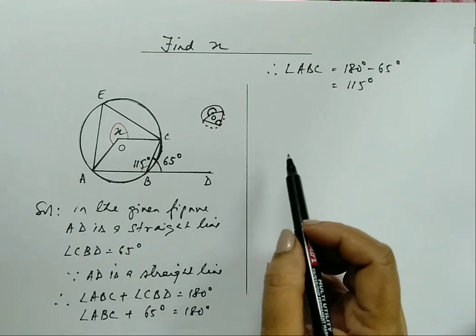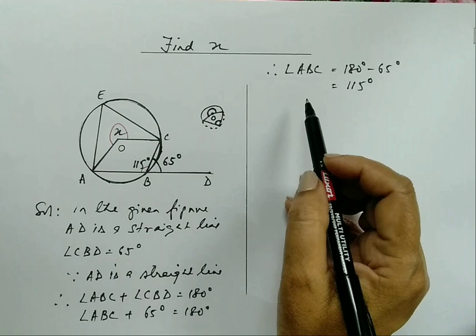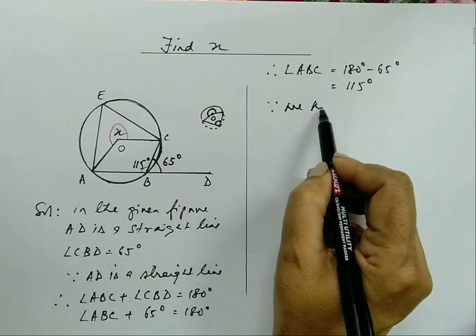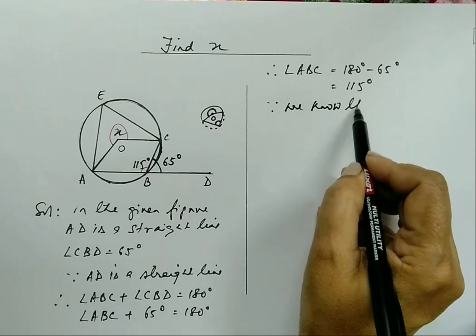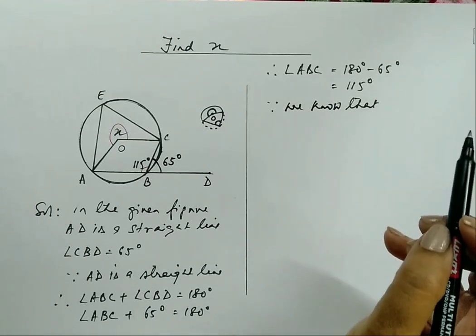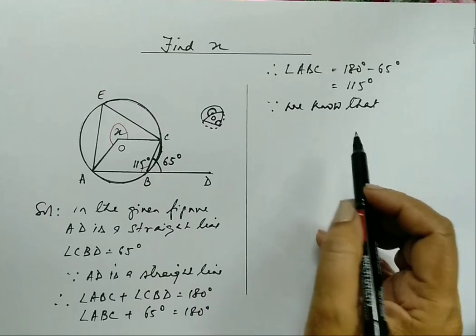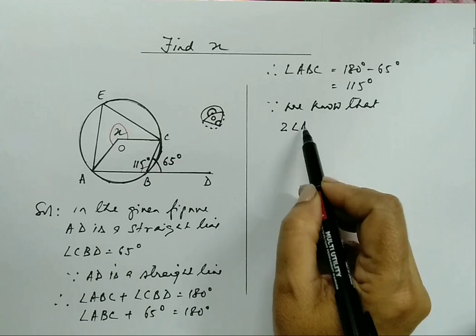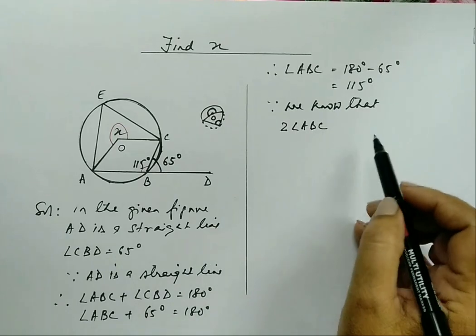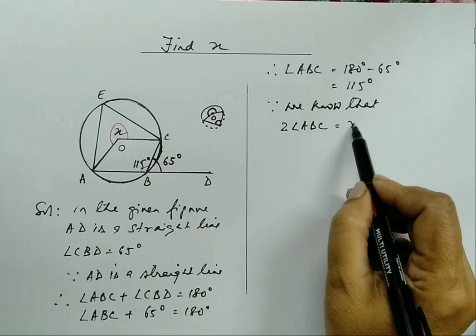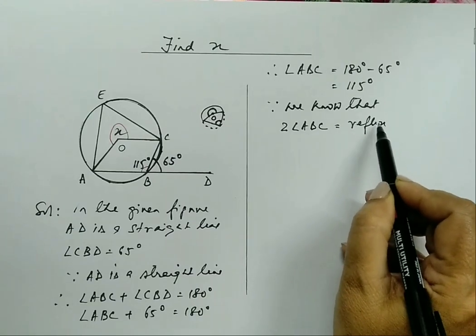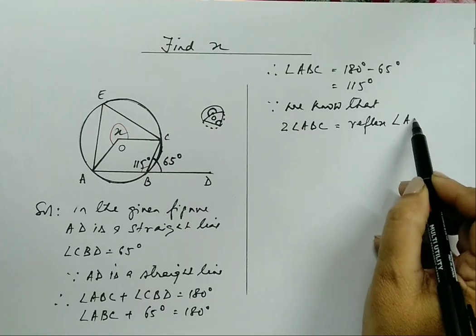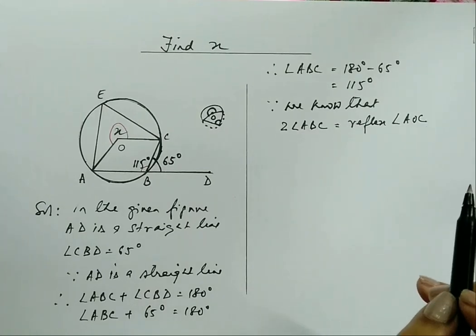Correct. So let me just write it down over here. Since we know that 2 angle ABC is equal to reflex angle AOC. Why so?